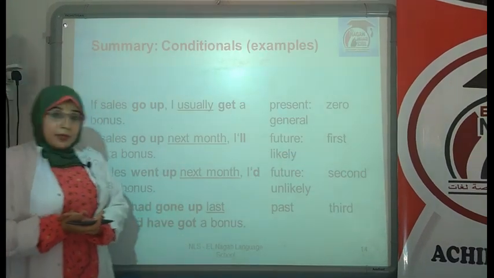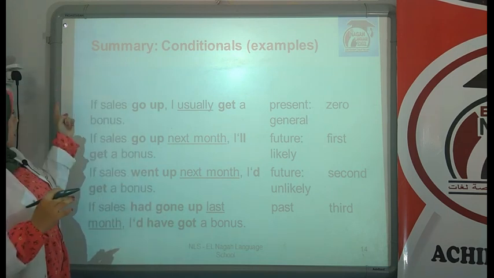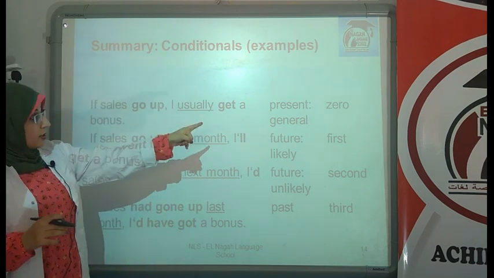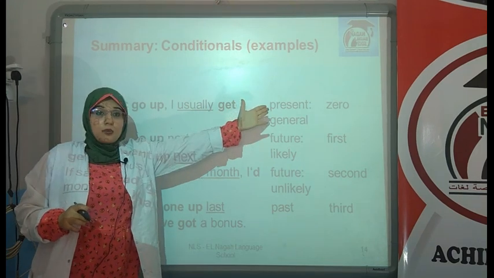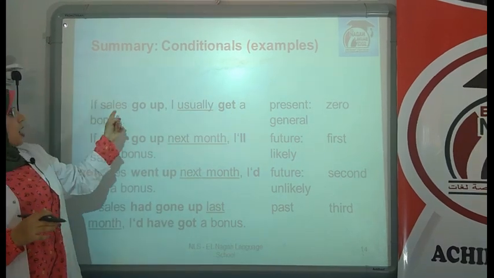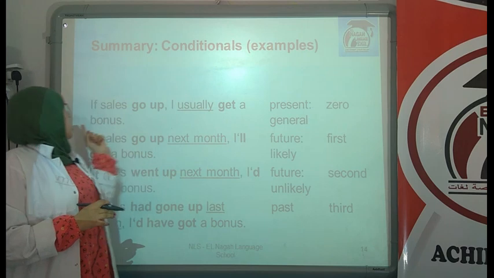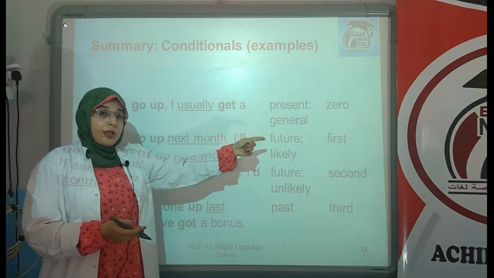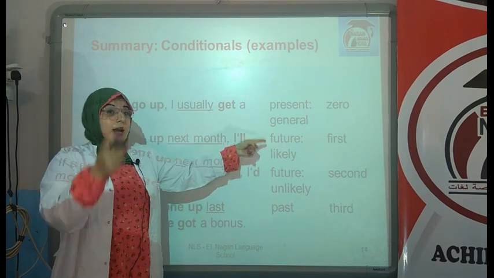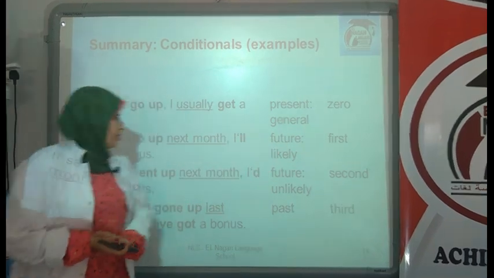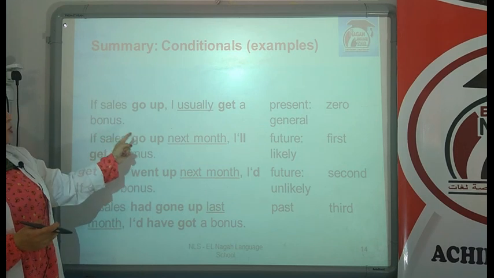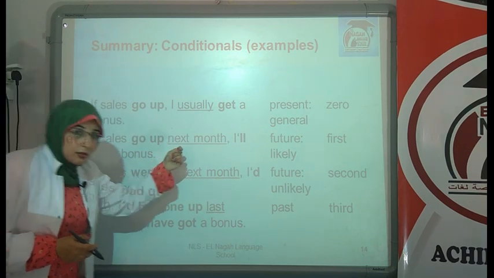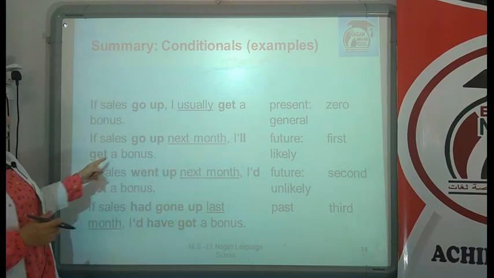To sum up, zero conditional, general facts as we mentioned. If sales go up, I usually get a bonus. First conditional, things likely to happen in the future. If sales go up next month, I'll get a bonus.